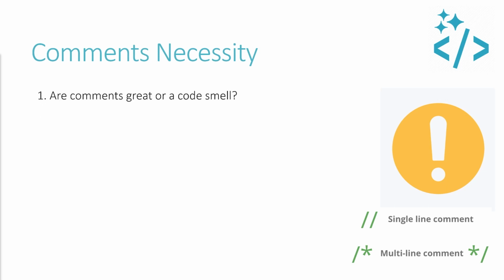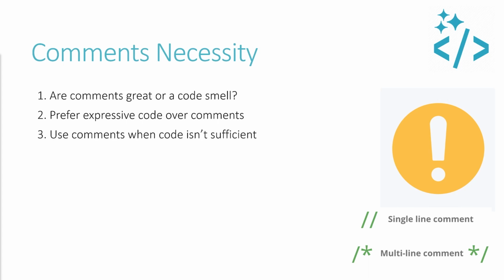We should ask ourselves, are comments great or a code smell? Normally we should prefer expressive code over comments, and we should only use comments when code isn't sufficient. These are rare cases. We will also see such examples later.